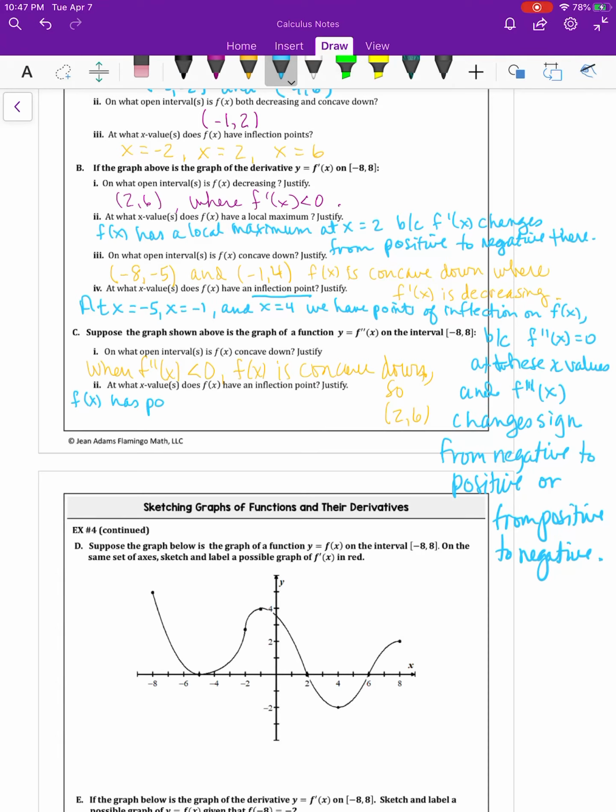So we say f of x has points of inflection at x equals 2 and x equals 6, because this is where f double prime of x equals 0 and where f double prime of x goes from negative to positive or positive to negative.